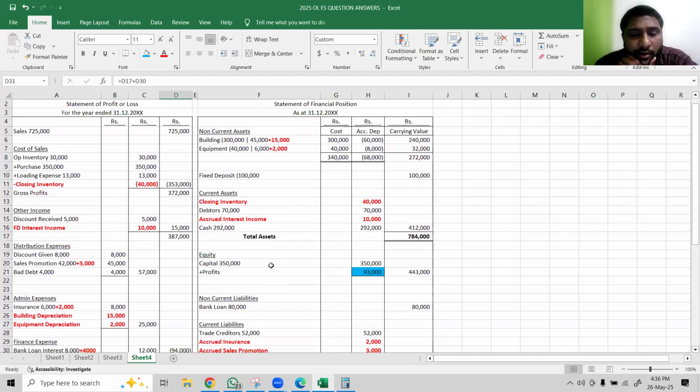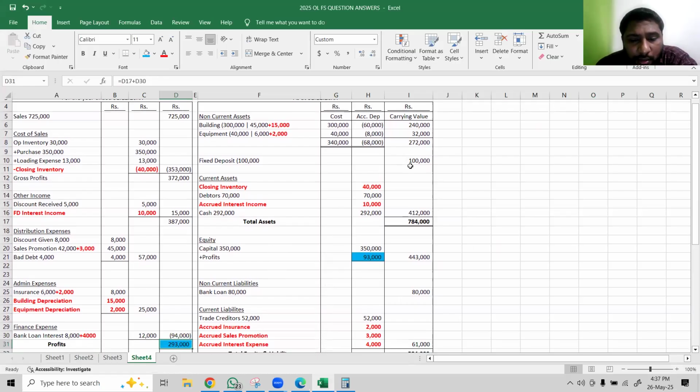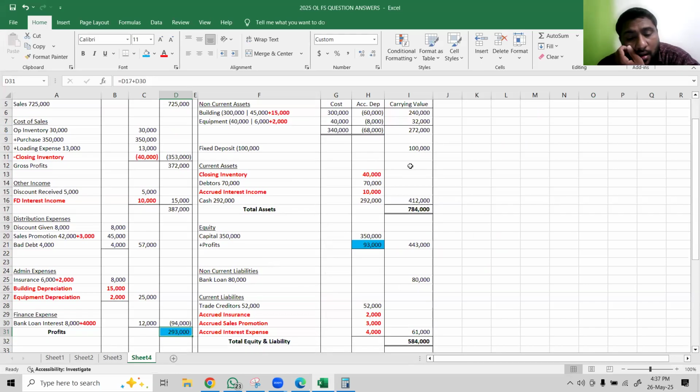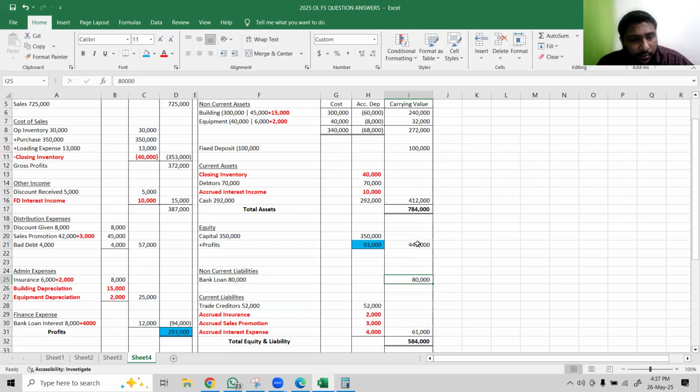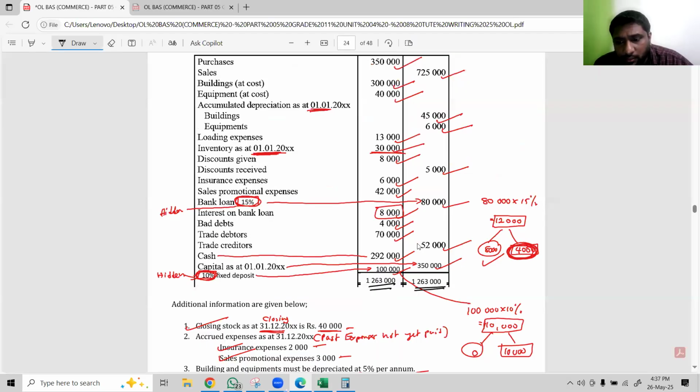Now, what is the problem? If we change the cash balance to 92,000, the trial balance is not balancing.